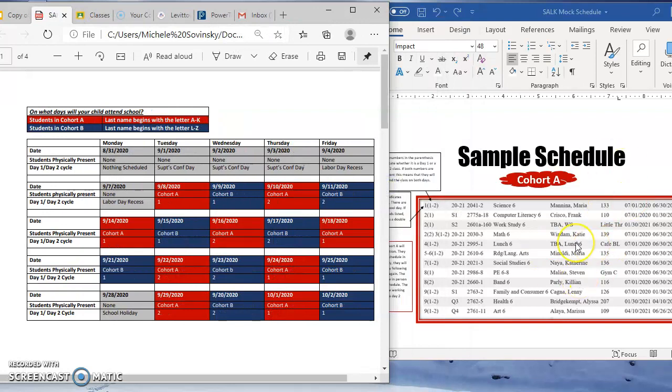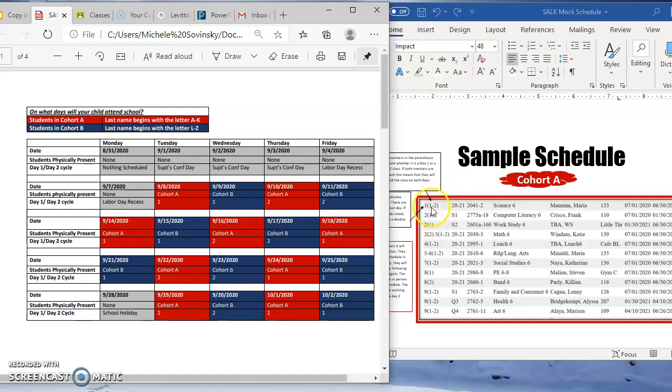Let's say you're in cohort A. Here's a sample schedule that you would follow. The number all the way to the left, the 1, 2, 3, 4, 5, and so on, is the period number. There are 9 periods in our school day. The parentheses indicate whether it's a day one or a day two class.